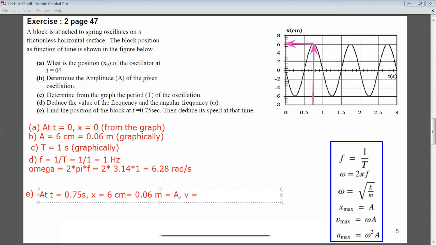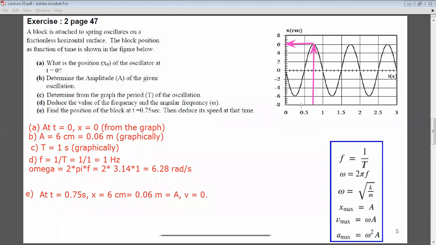Here I have to remember that at x equals x maximum, v is equal to 0. We have just deduced it from the fact that x is equal to the amplitude, so v is equal to 0. Here I don't have to use conservation of mechanical energy because this is a specific position, which is x equals x maximum. The velocity is equal to 0.